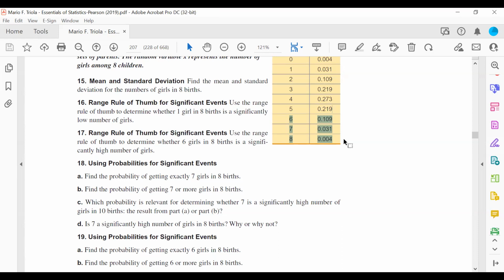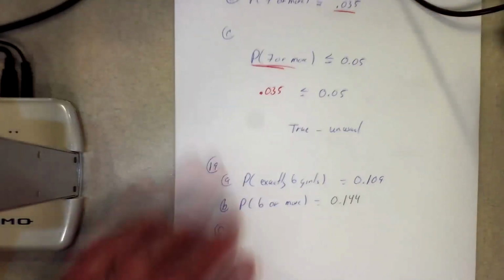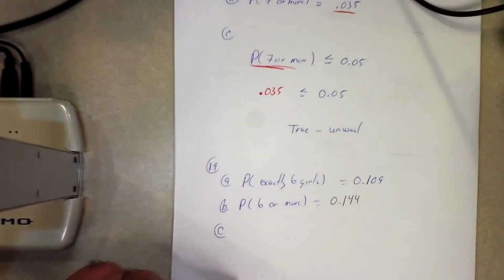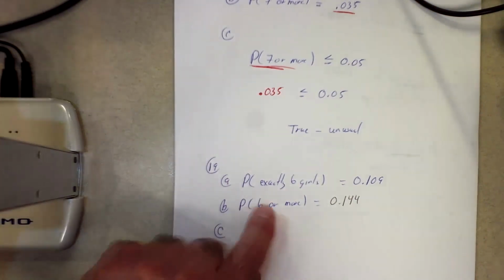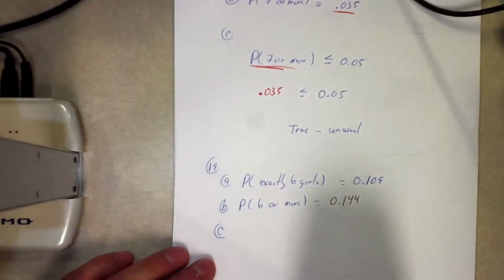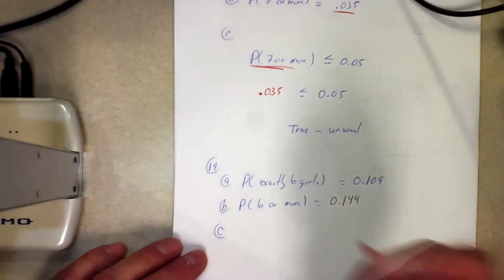And then C says, which is more relevant in determining whether 6 or more is unusual? It has to be B, because the formula for the alternative had to say the words or more or or fewer.